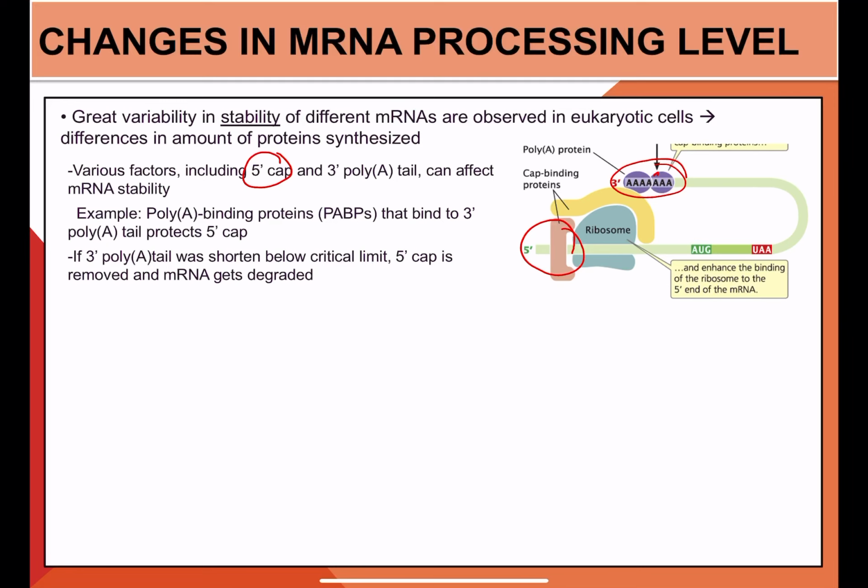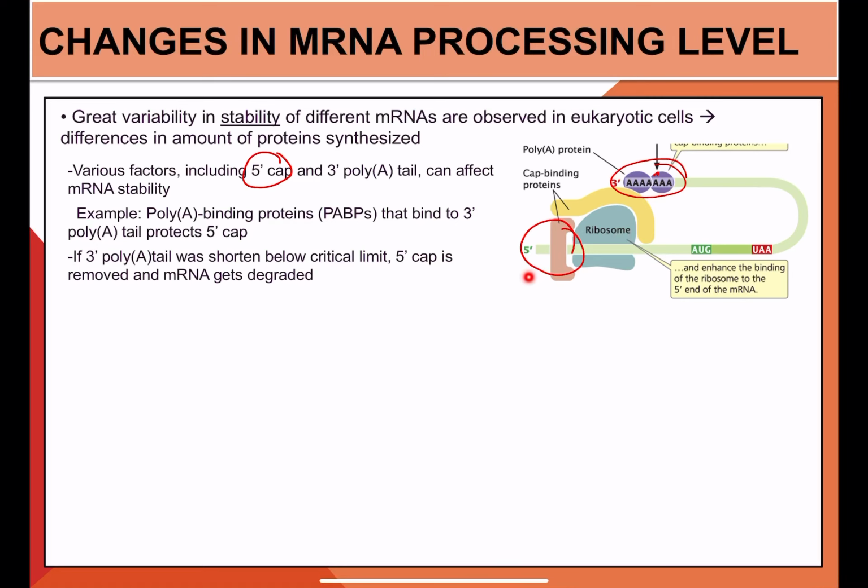So they know for sure that a certain length of this poly-A tail is critical to stabilize the ribosome on the mRNA, and this particular yellow thing here actually stabilizes the 5' cap. When you remove just the poly-A tail itself, the 5' cap somehow also gets removed.